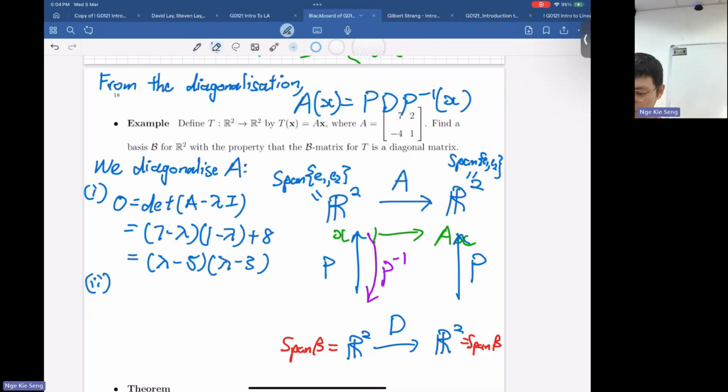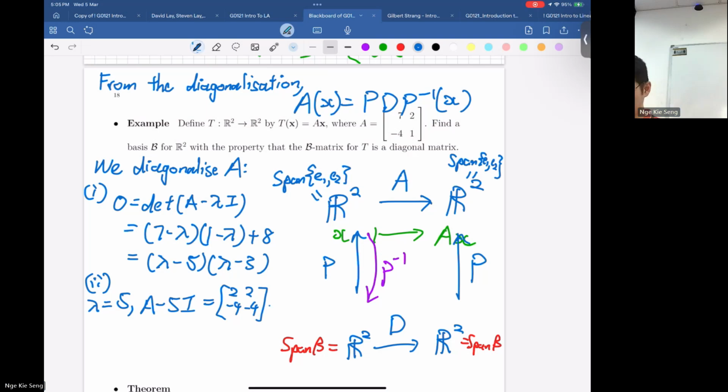For lambda equals 5, we get A minus 5I. You should get 2, 2, minus 4, minus 4. Very nice matrix here. If you row reduce this, you get 1, 1, 0, 0. Then what's the eigenvector you can pick here? You can pick the span of minus 1 and 1.